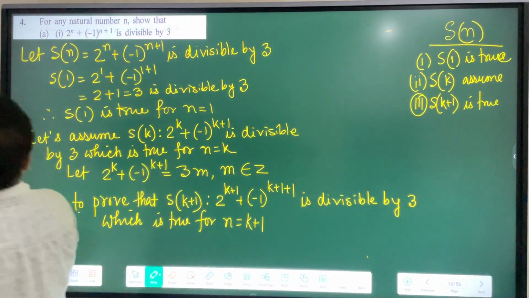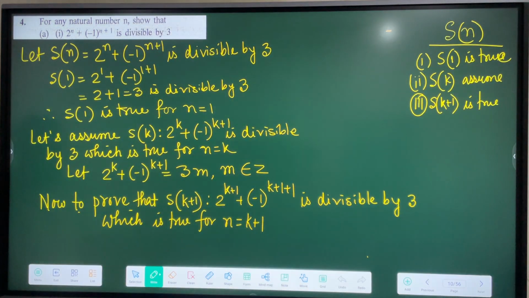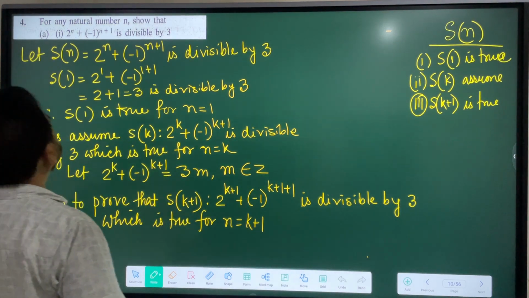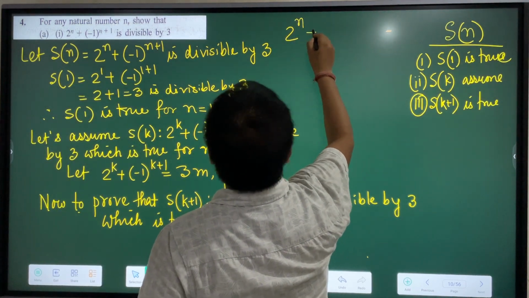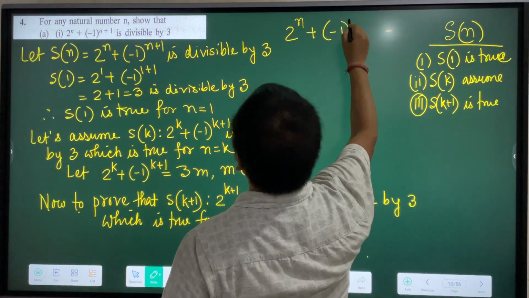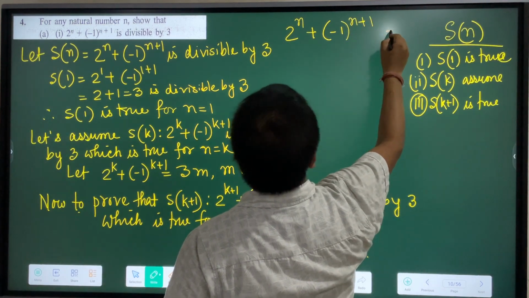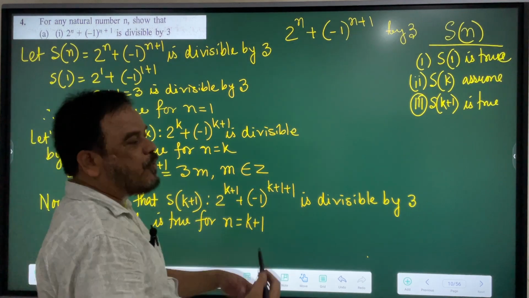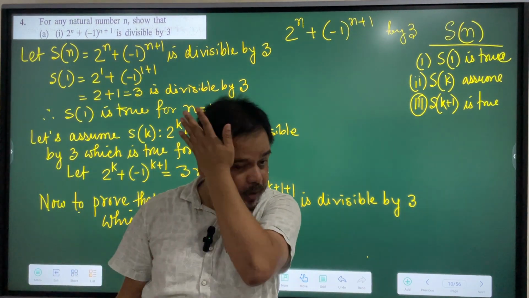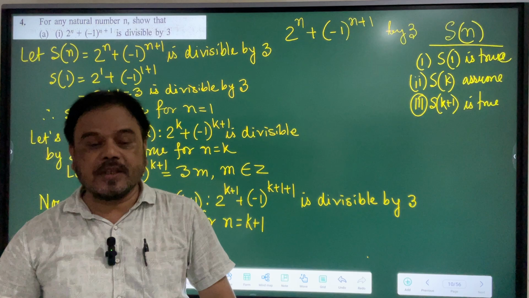Now number 4. For any natural number n, show that 2 to the power n plus (minus 1) to the power n plus 1 is divisible by 3. Divisible by 3 we have done already in the previous exercise, exercise 3.2.